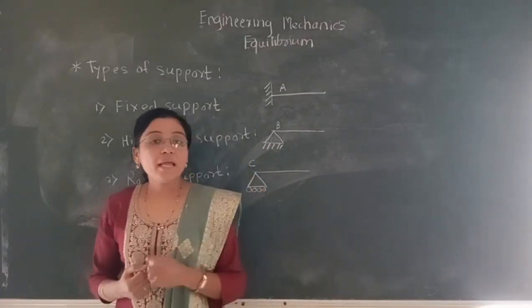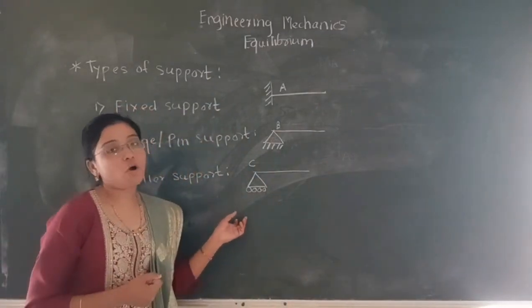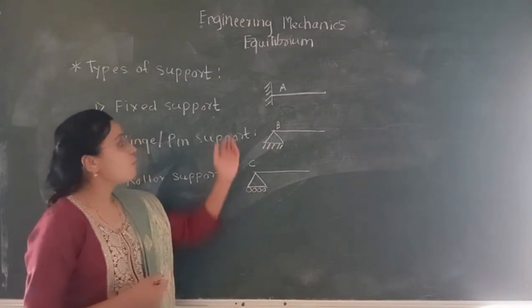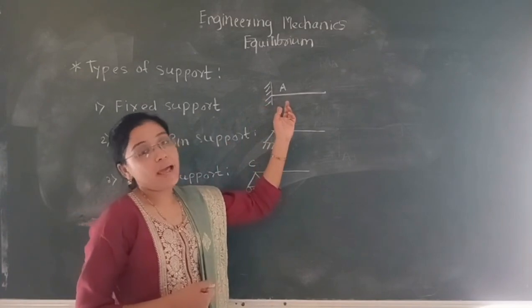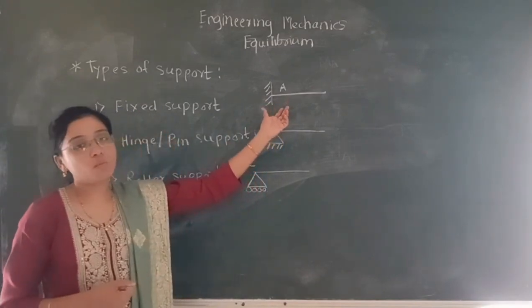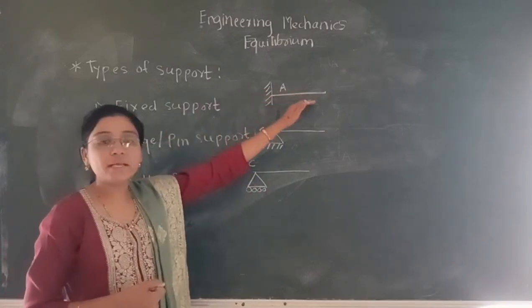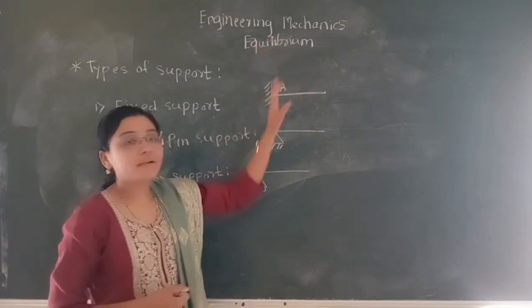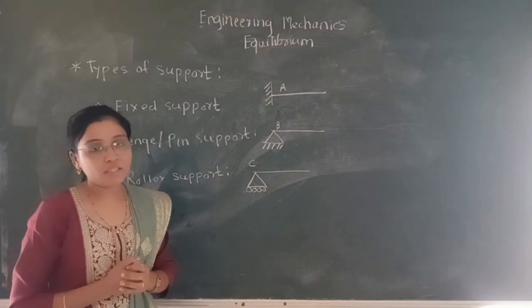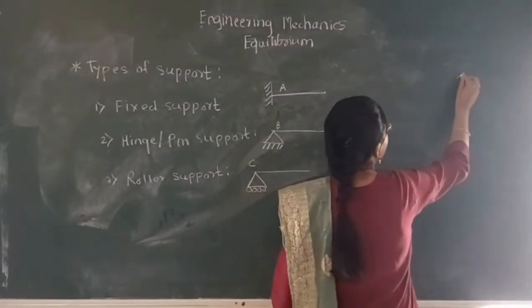If any action is constrained, there is a generation of reaction. For fixed support, linear motion is restricted as well as rotational motion. So it is restricted horizontally and vertically, and its rotation is also restricted. So the number of reactions generated will be 3.